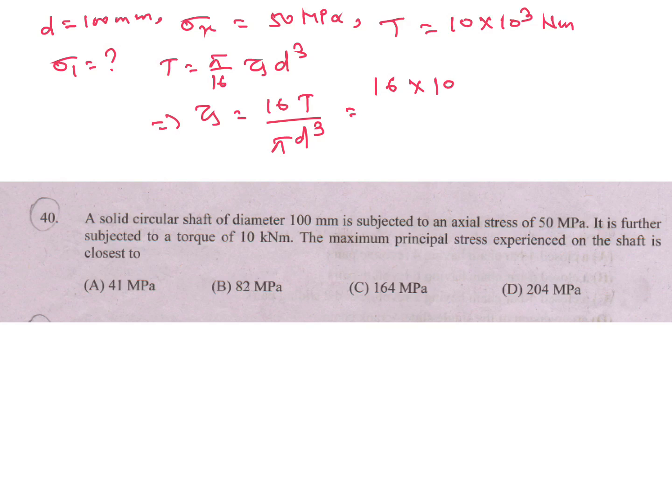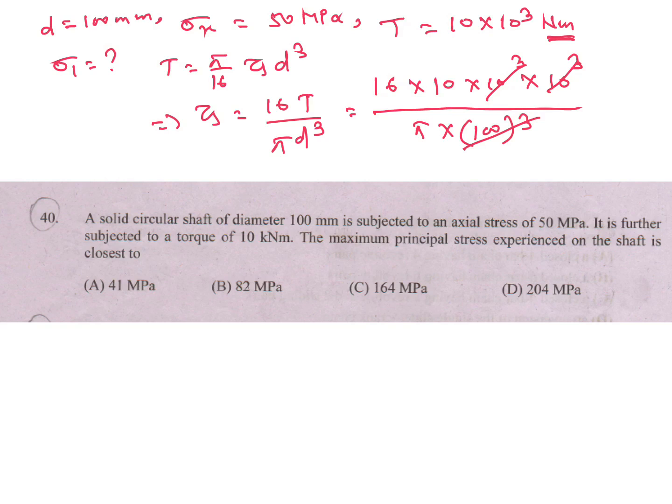This is Newton meter. So you convert it into Newton into mm. Again you multiply 10 to the power 3. You will get pi into d cube, 100 to the power 3 means 10 to the power 6. You will get 16 into 10 by pi.